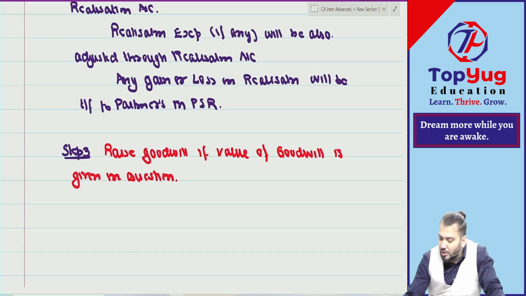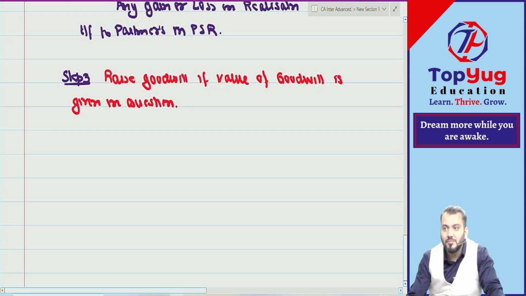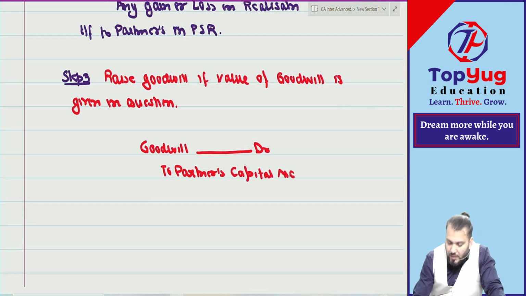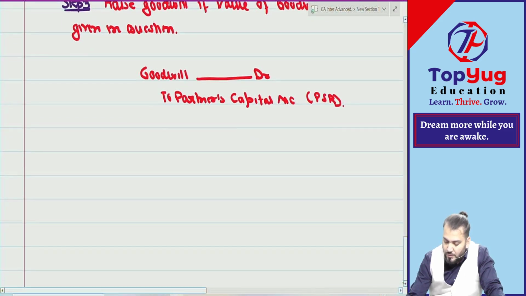If the value is not given, then we can't raise it. Correct. So what journal entry will we do? Goodwill will come in the balance sheet, so goodwill account debit to partners' capital account. Correct. This will be allocated in PSR only. This also done.